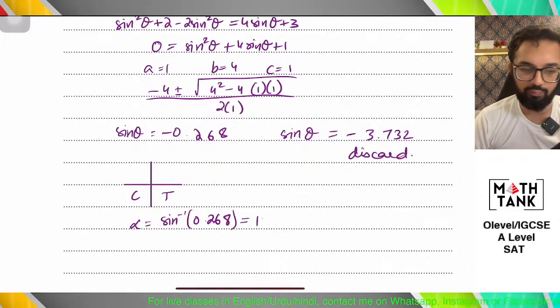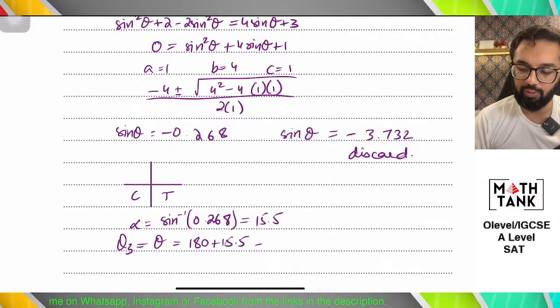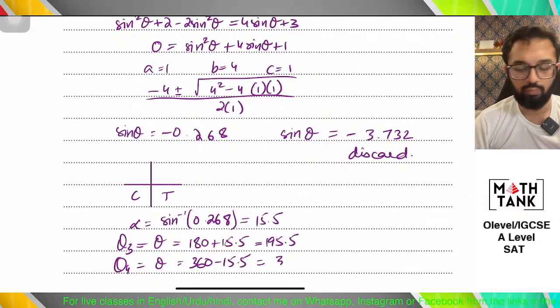That gives me 15.5. Okay, quadrant 3 is theta equals to 180 plus 15.5. That's 195.5. Quadrant 4 is theta equals to 360 minus 15.5, 344.5.